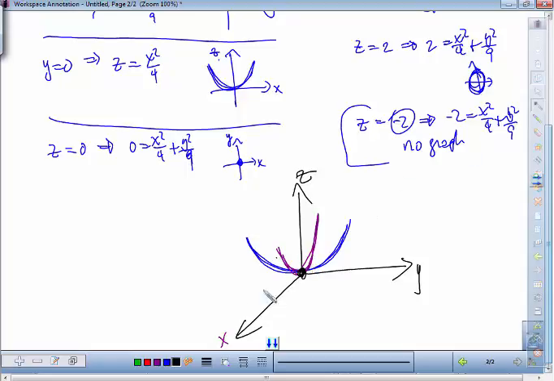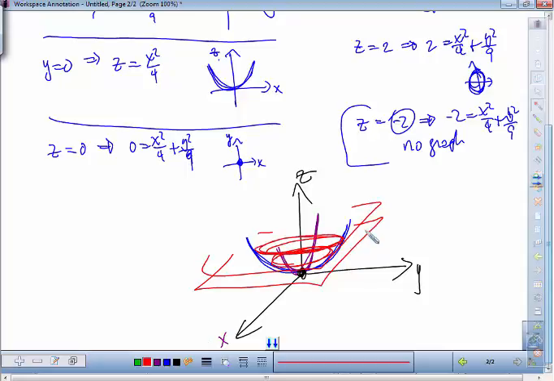And if we go up one level, we're going to get an ellipse. If we go up another level, we're going to get another ellipse. And so as we start putting these graphs together, we begin to see what's really happening here, right?